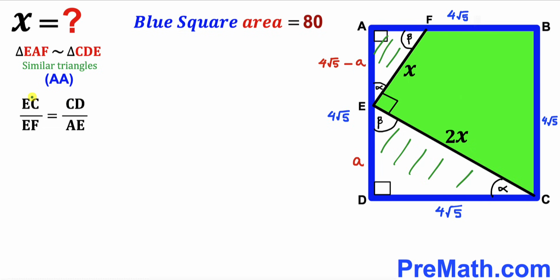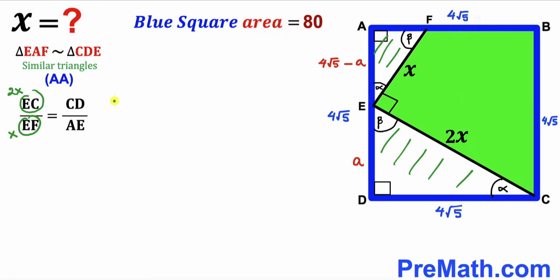In other words, the ratio of the side lengths EC and EF must be equal to the ratio of CD and AE. Our EC side length is 2x, so I'm going to replace that with 2x. Our side length EF is x, so I'm going to substitute x.